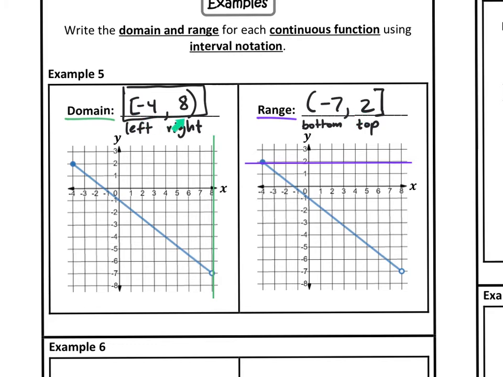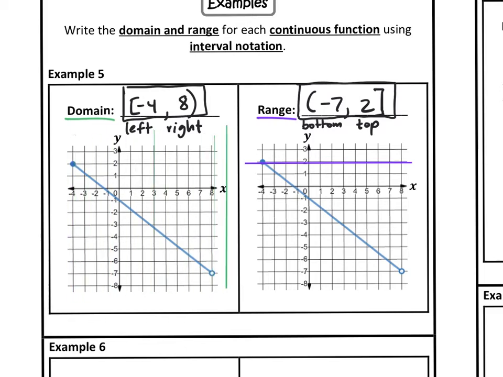For domain, we just want to know the farthest left it goes and the farthest right. And you don't have to write left and right or bottom and top. I'm just doing that for the first example. Okay, quick review.